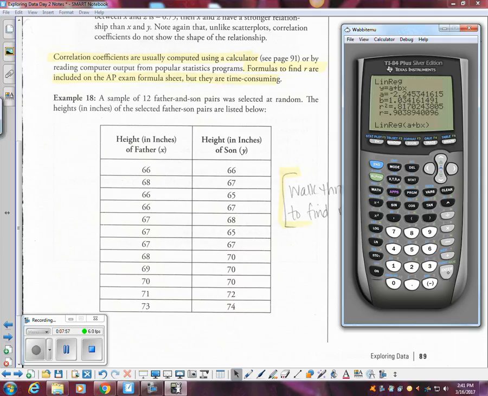Again, remember, I have the old operating system, but if you have the new one, it should say L1, L2, but then you should have a place where you see the words store regression equation, and you want to tell it to store it in your Y1. I'm going to show you how to get your Y1. If you have the old operating system, then right here on this screen, I'm going to put a Y1.